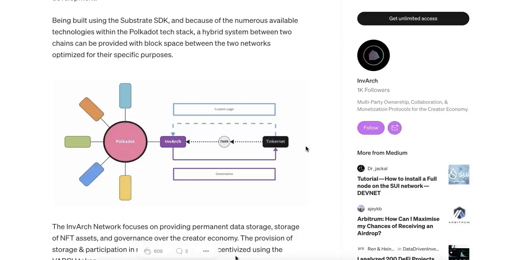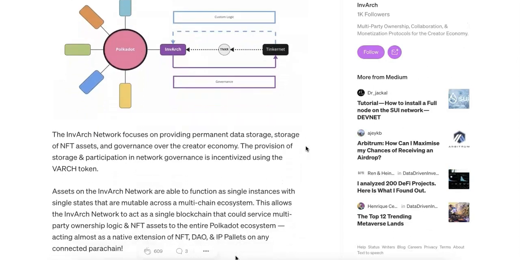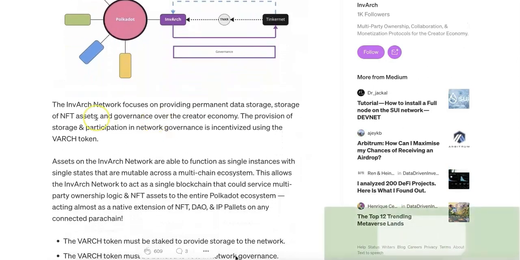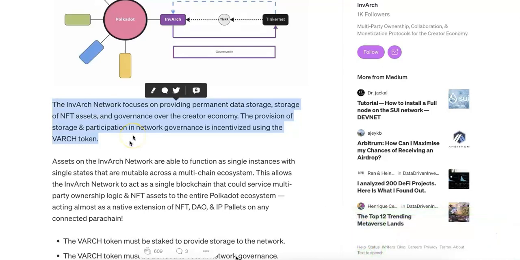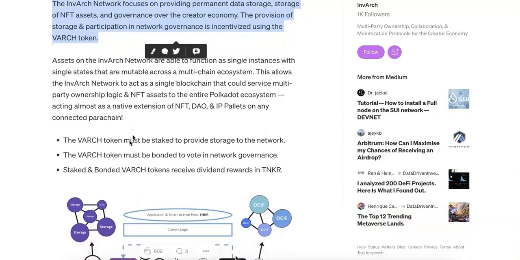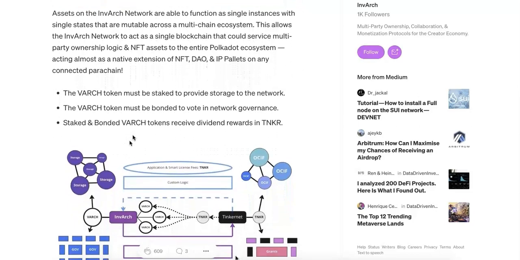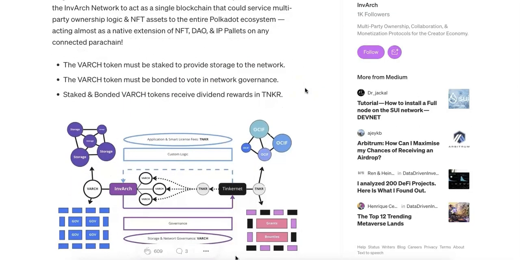The InvArch network is the first to propose having 2 tokens but integrating them as one system. The InvArch network itself will be for data storage, and the token is the VARCH token.